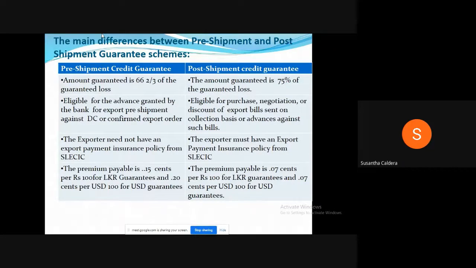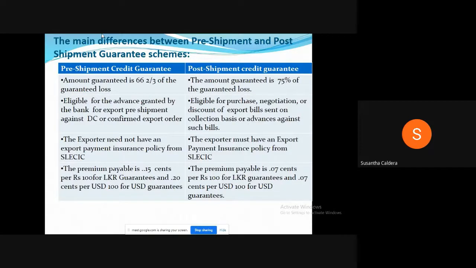Into, if you say 1 million rupees, the premium is 1,500 rupees. So why can't we take it and cover our exposure?